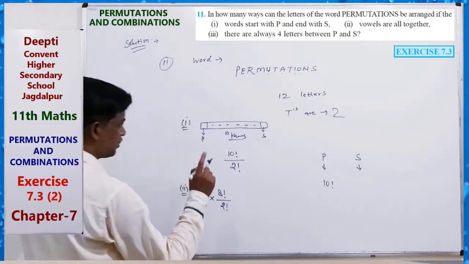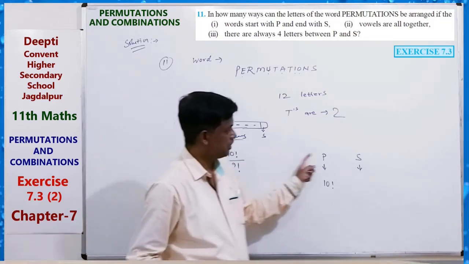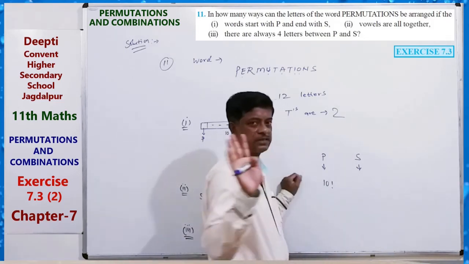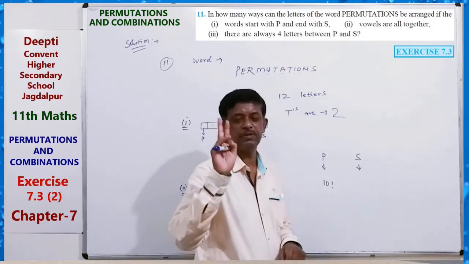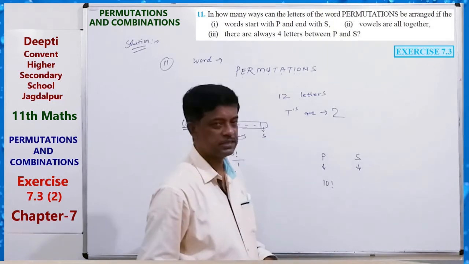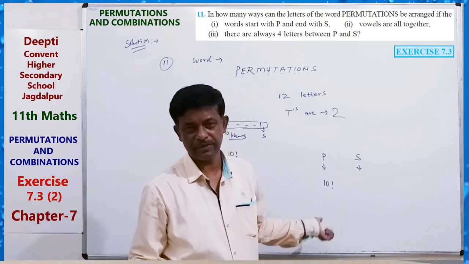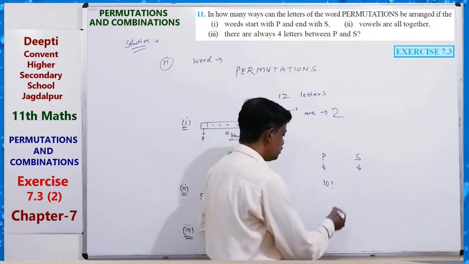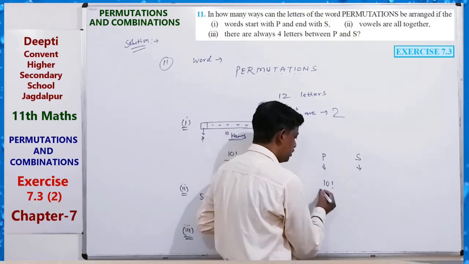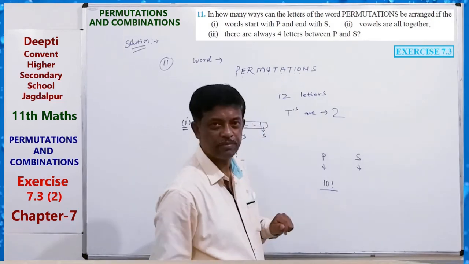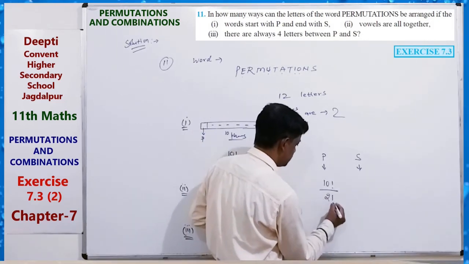Here P and S are fixed in 2 places, so the remaining 10 places can be filled by 10 letters in 10P10, that is 10 factorial, divided by 2 factorial since 2 letters are the same.